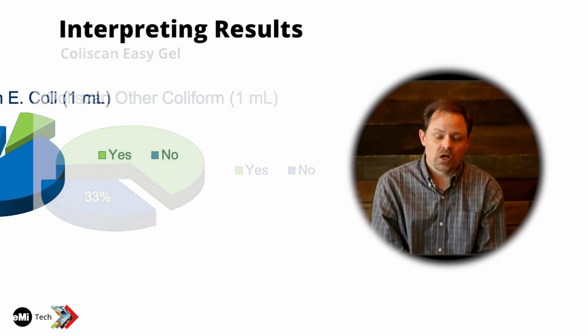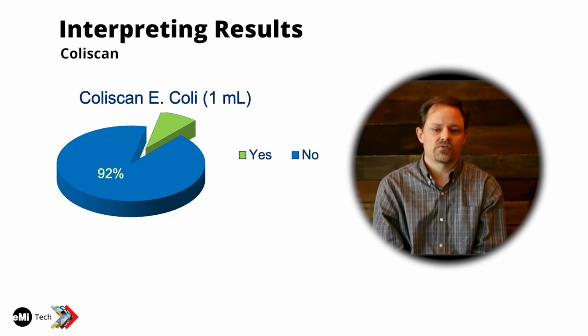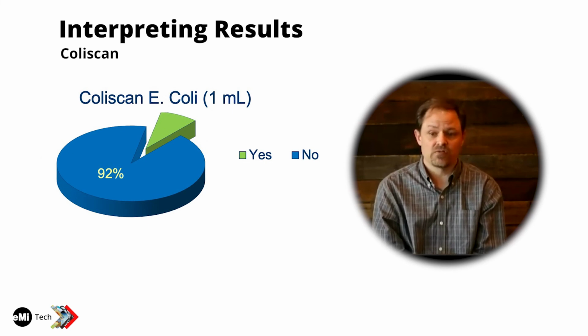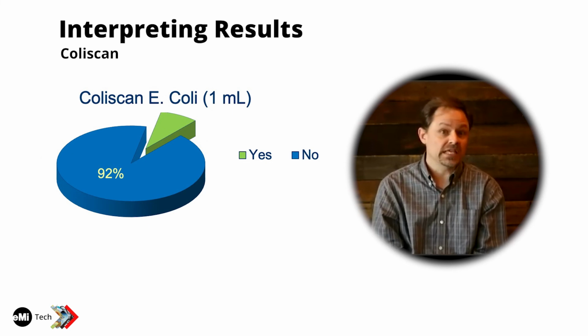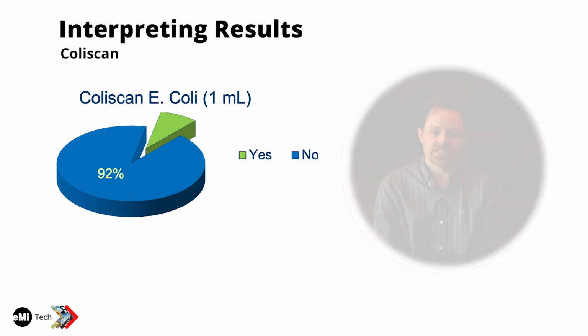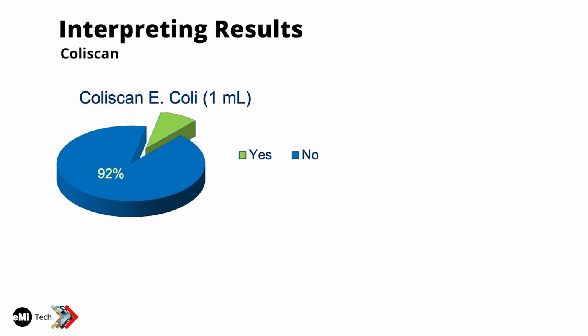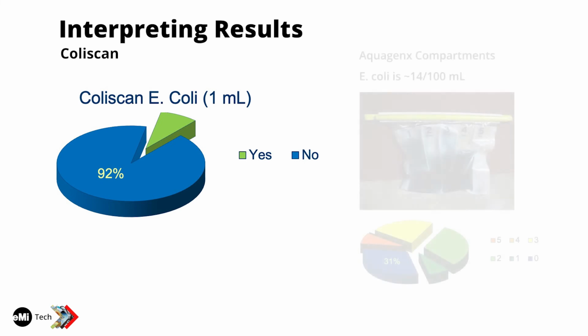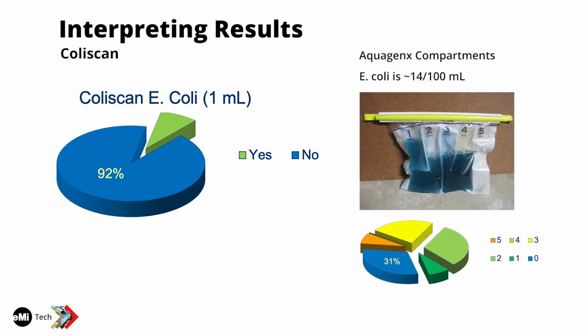The final chart on this slide just shows the results from the Coliscan test for the E. coli. And these results, I think, are actually pretty interesting. So it shows that 92% of our tests had no E. coli present. But if you go back to the Aquagenix tests, remember we said there were only approximately 14 E. coli per 100 milliliters.